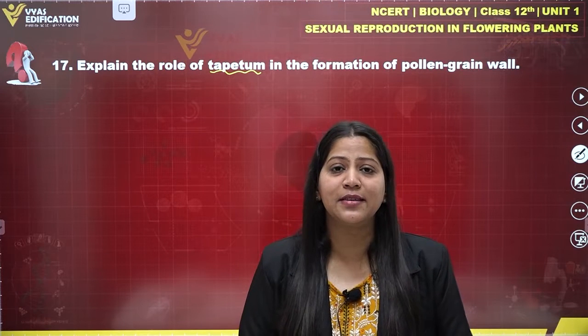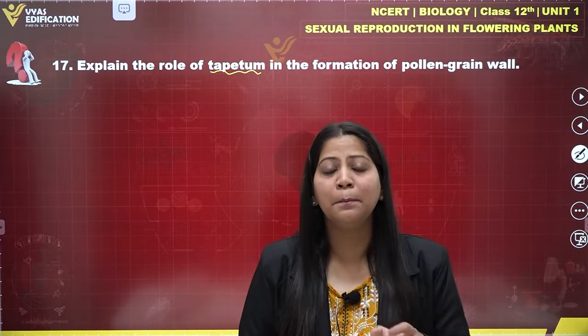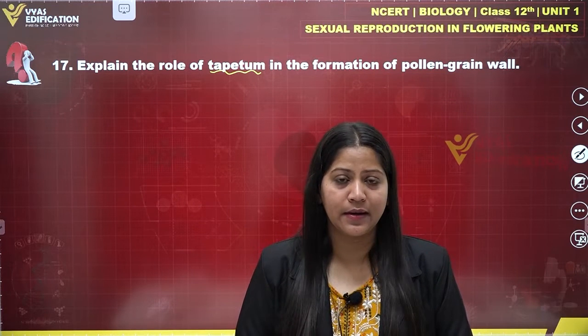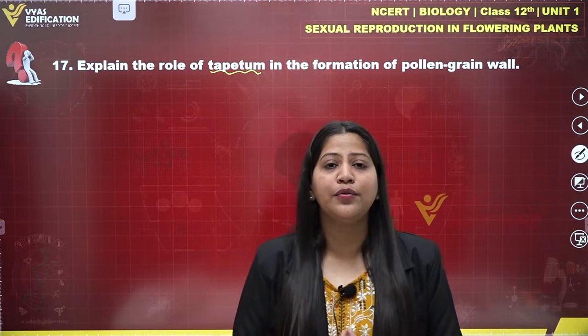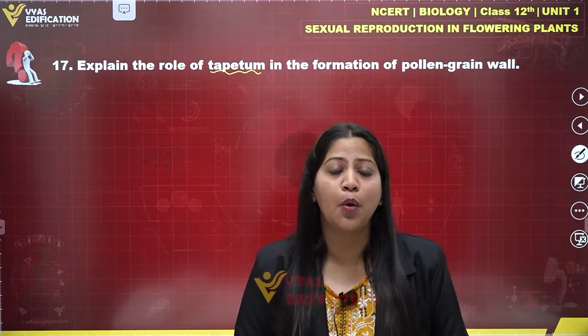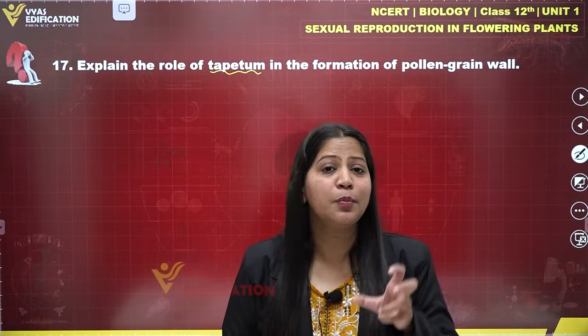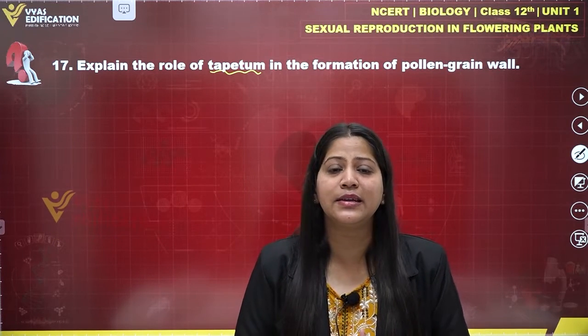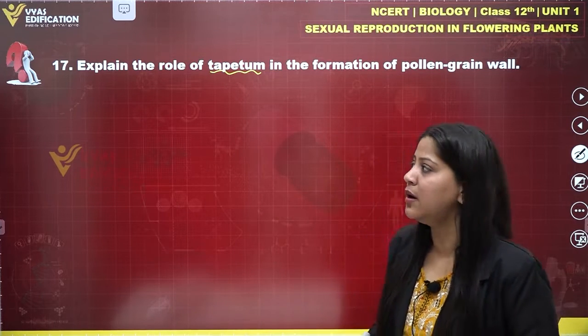This sporopollenin is produced by the cells of the tapetum layer. So this is the role of the tapetum layer in the formation of the wall of pollen grain. This sporopollenin substance is highly resistant in nature.